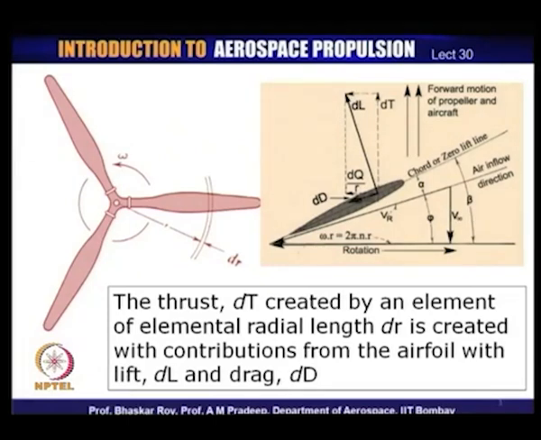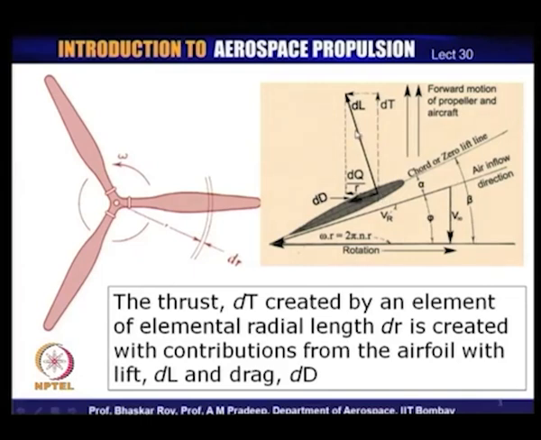Correspondingly, this section would experience a small drag of dD, which is born out of its drag characteristic CD, and these are then the characteristic values of this particular blade element. Now, these are as per the definitions of lift and drag, parallel and perpendicular to the flow direction, as a result of which the lift is in this direction, which is perpendicular to the flow direction, and drag is in this direction, which is parallel to the flow direction.